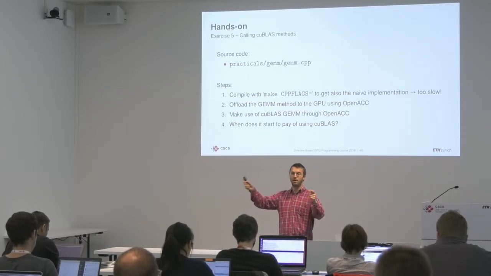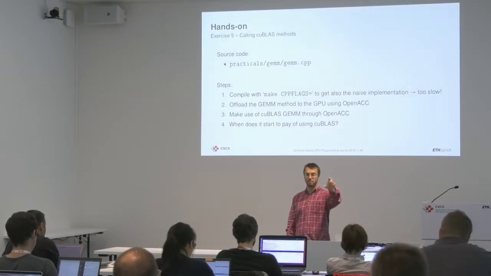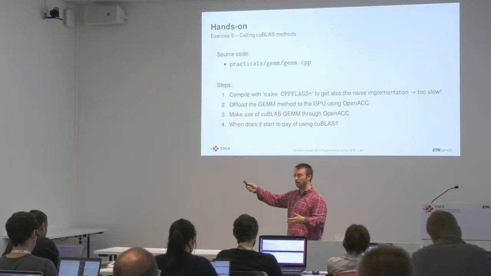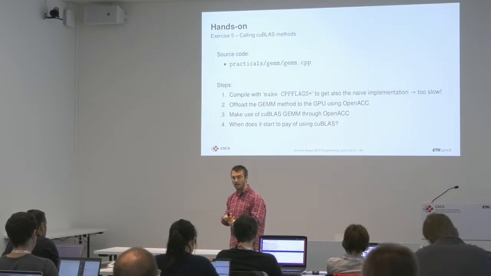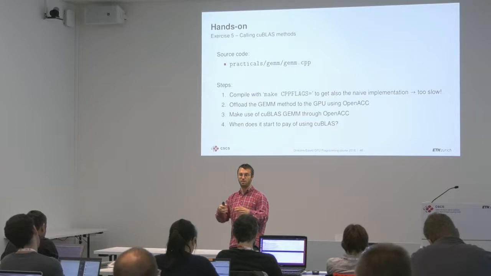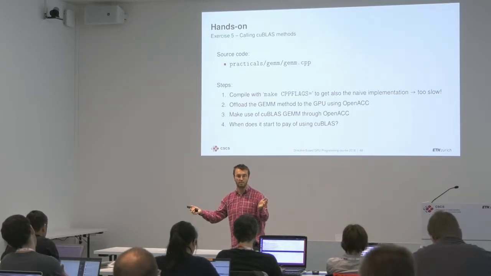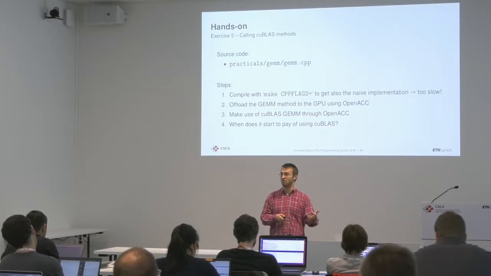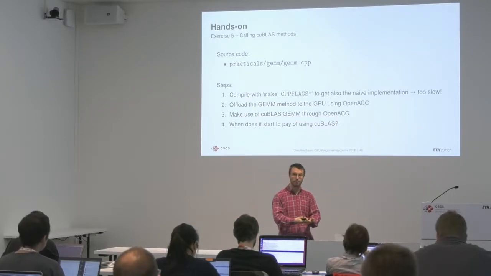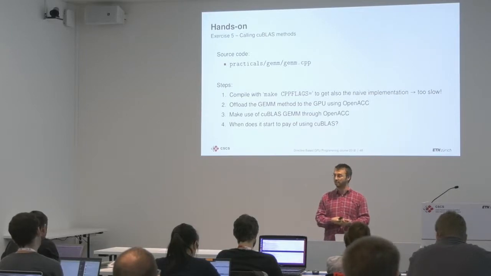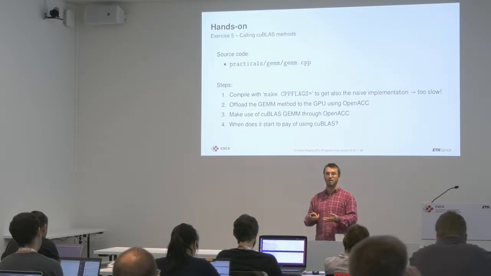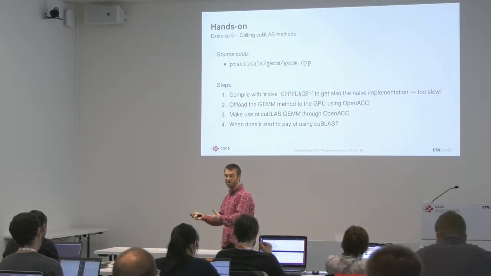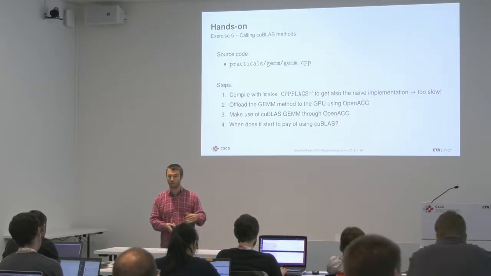Whereas if you just jump like that, so thread 1 gets location 0, the next thread gets location 1,000, then you will have, for example, 32 transactions for memory access, whereas you could have just 2. So your performance will drop by a factor of 16. That's why this approach is very detrimental in terms of performance on the GPU.